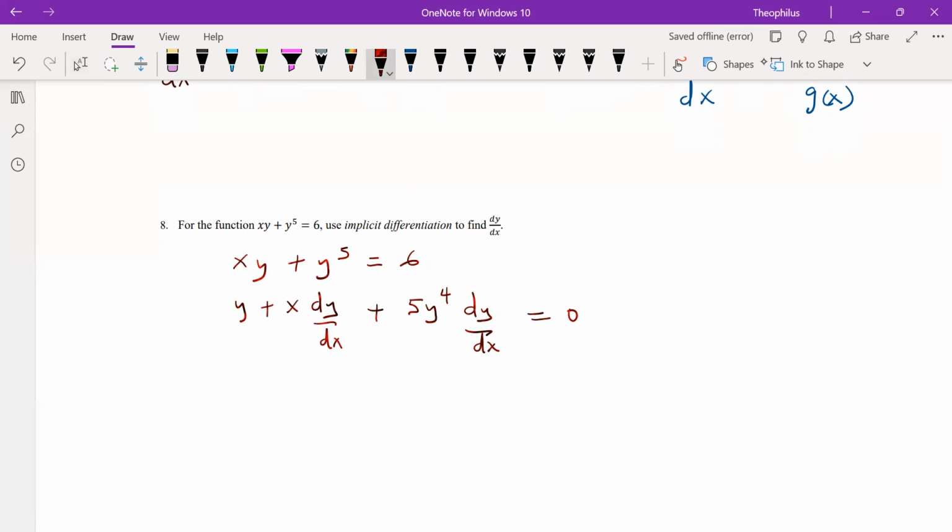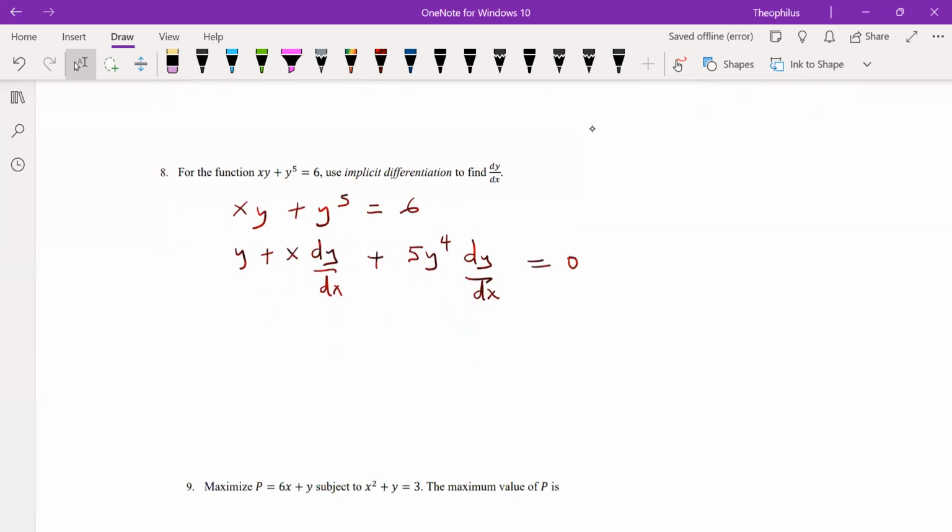So at this point, what you need to do is to group the dy dx at one point, then we factor that out.